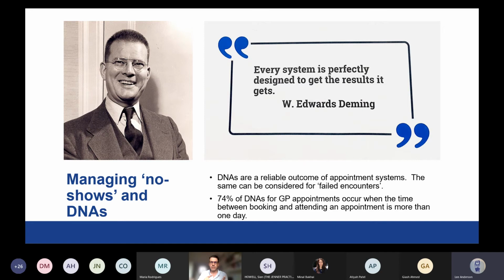Failed encounters are absolutely correlated with the length of time it takes you to get back in touch with people. The longer it takes, the more failed encounters you're going to get. So again, that's a system thing. Your system is reliably giving you those results. So if you want to reduce failed encounters, you want to have a look at the way that you're planning your callbacks, and that's where we come back to the point about flexibility. If we can get the next slide, please, Lee.